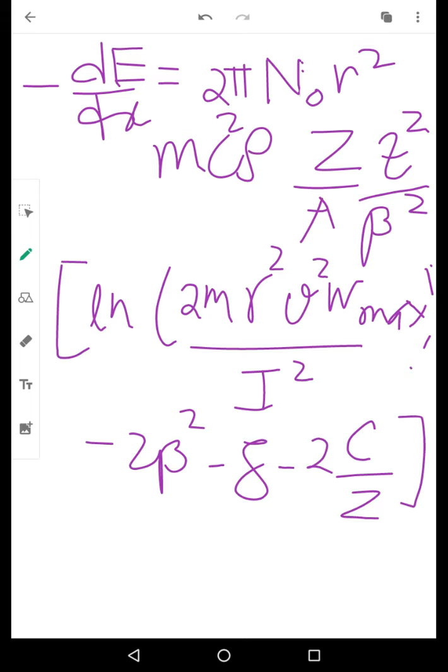I is the mean excitation potential, gamma is the velocity correction factor, delta is the density correction, C is the shell correction, and W max is the maximum energy transfer in a single collision. So this formula is now known as the Bethe-Bloch formula, and this is an estimate of how the energy dissipates when a heavy charged particle enters a medium.